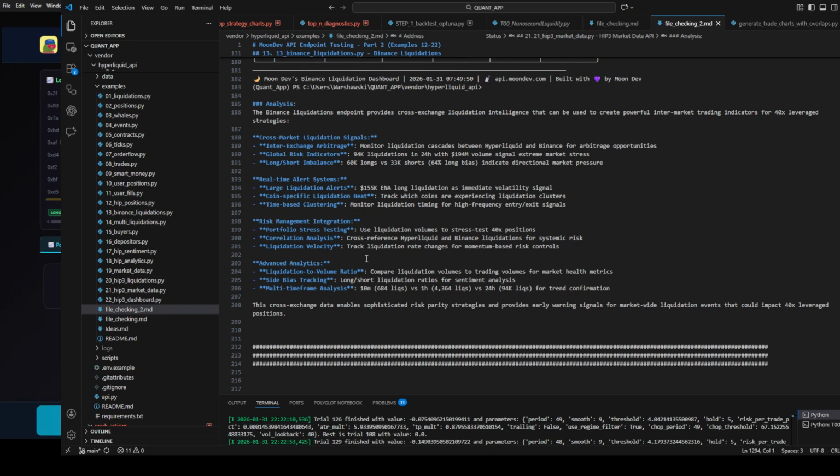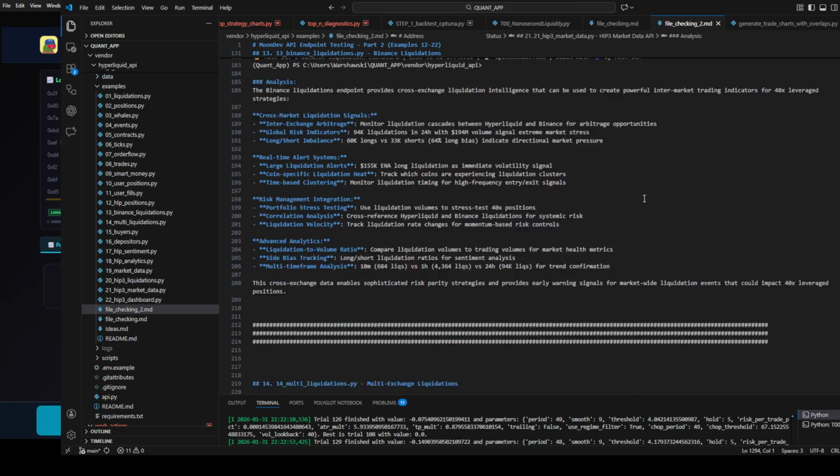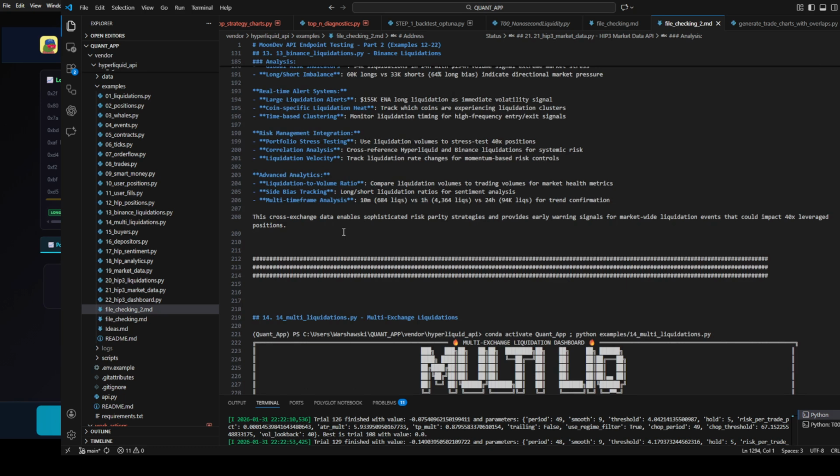Liquidation velocity, track liquidation rate changes for momentum-based risk controls. Advanced analytics, liquidation to volume ratio, compare liquidation volumes to trading volumes for market health metrics. Side bias, track long-short liquidation ratios for sentiment analysis. Multi-timeframe analysis, 10 minutes versus 1 hour versus 24 hour for trend confirmation.